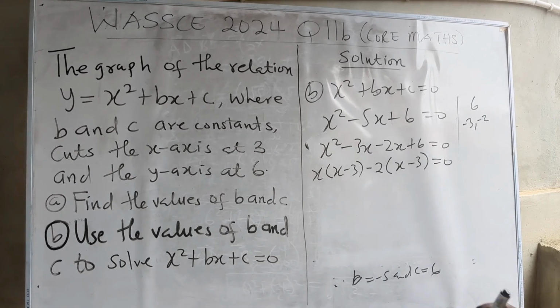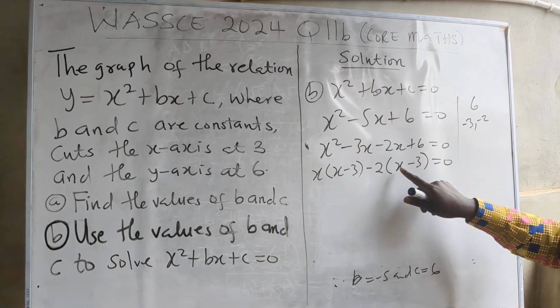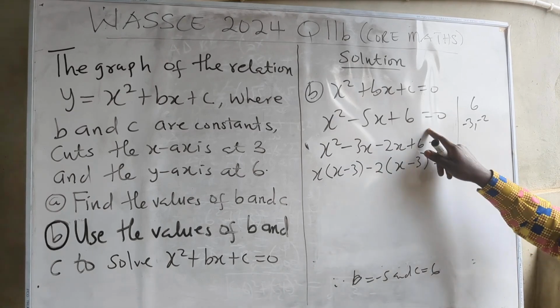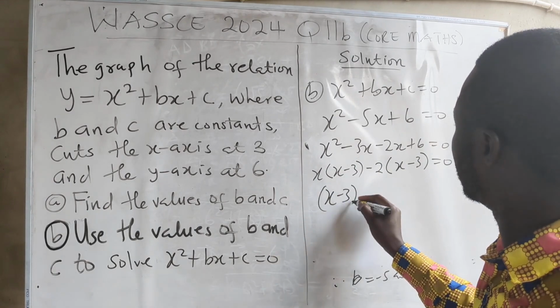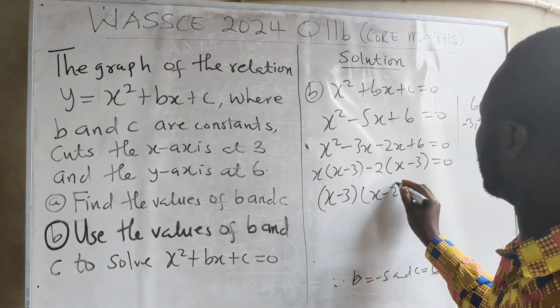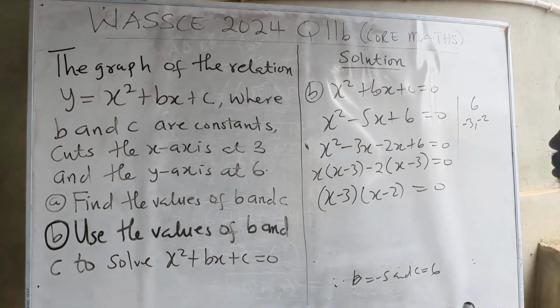So that when you expand, you get the same thing: s times s, s squared, s times minus 3, minus 3s, minus 2 times s, minus 2s, minus 2 times minus 3, plus 6. Okay, so we have s minus 3 and then s minus 2 equal to 0. So we factorize s minus 3 out and we have s minus 2 here.